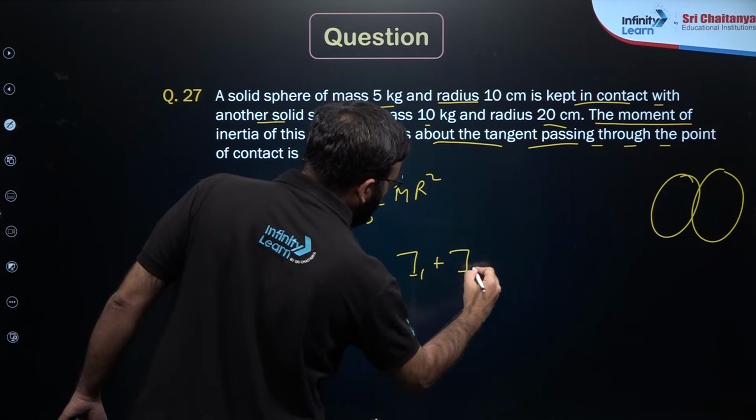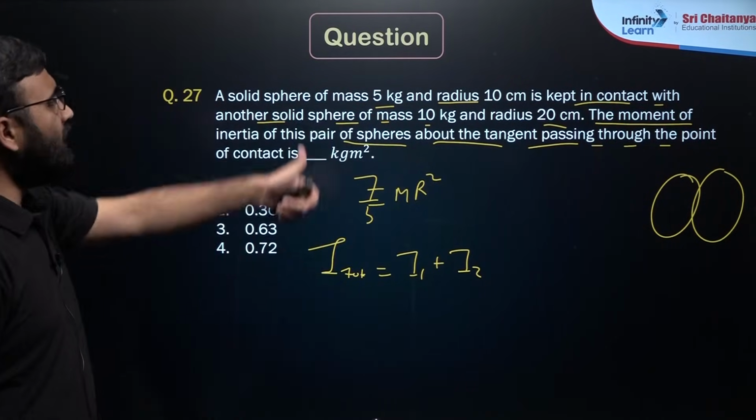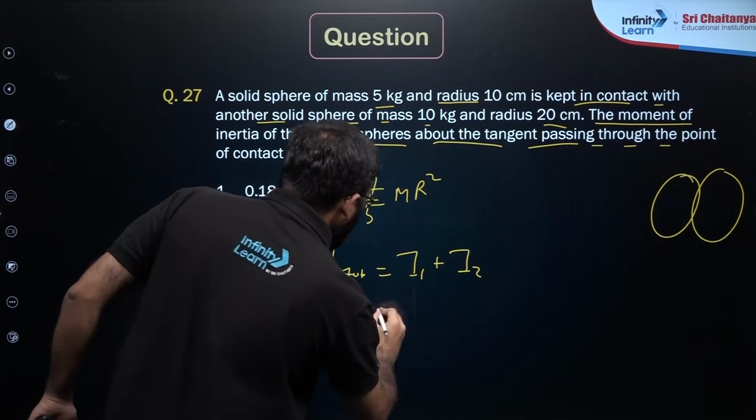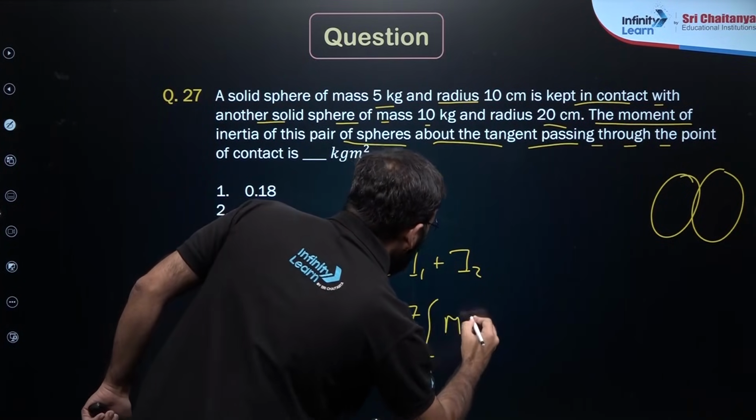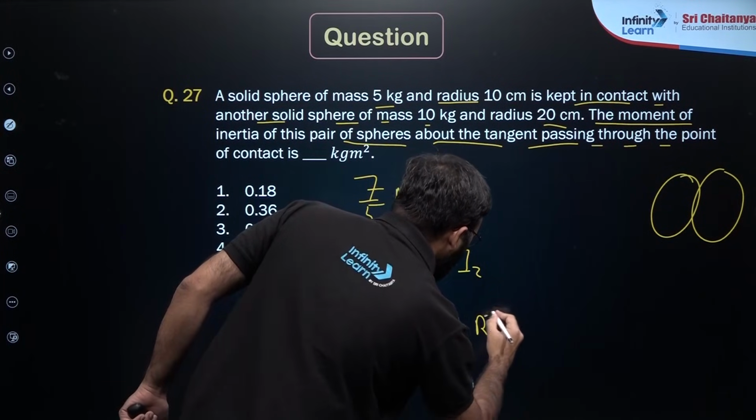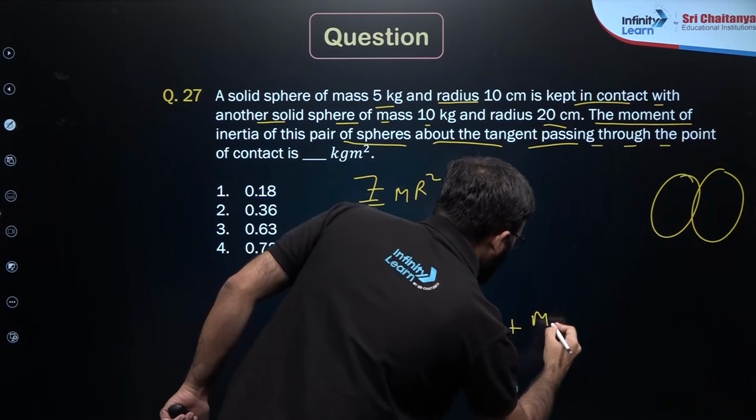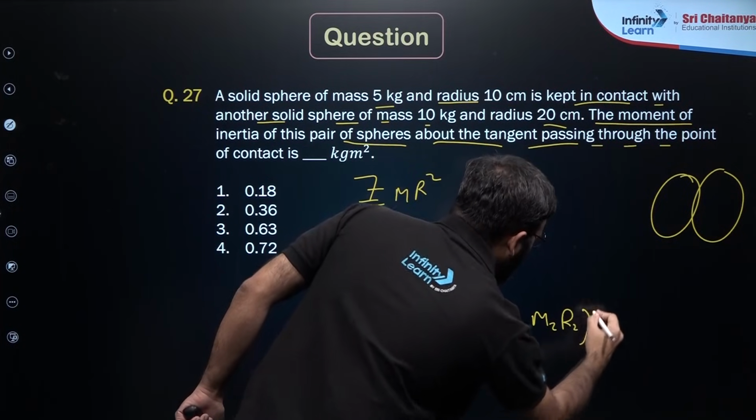Both are in contact, so the total moment of inertia is I1 plus I2, because they have different mass and different radius. So 7 by 5 I will take common out, m1 r1 square plus m2 r2 square.